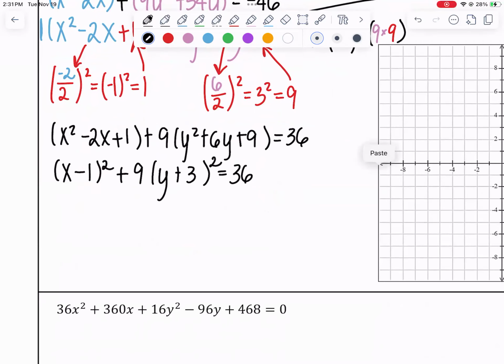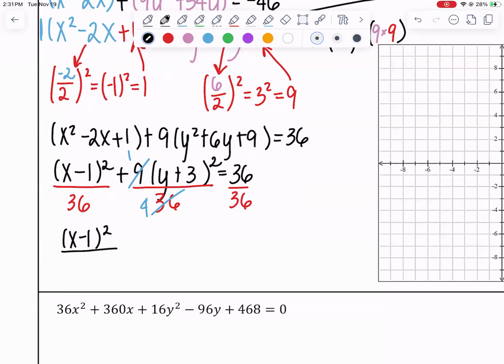To get it so that there is a 1 on the right-hand side, I need to divide everything by 36. For that y term, I'm going to need to get rid of this 9 up here. 9 goes into itself 1 time, 9 goes into 36 4 times. So the very final standard form is x minus 1 quantity squared divided by 36 plus y plus 3 quantity squared divided by 4 is equal to 1.